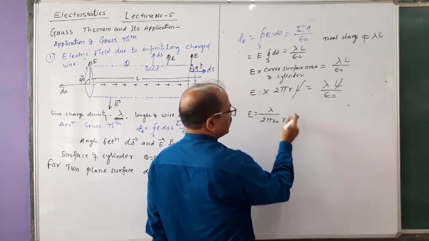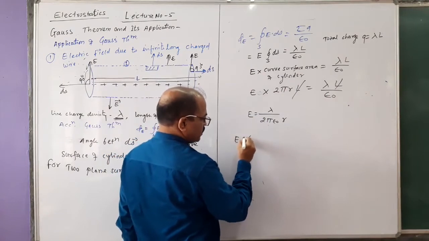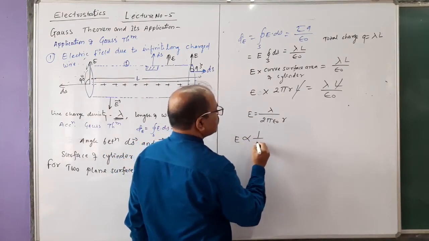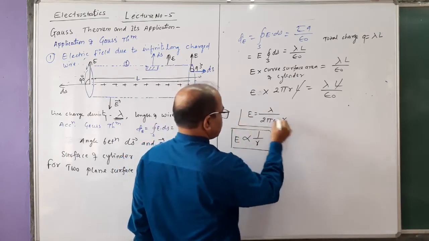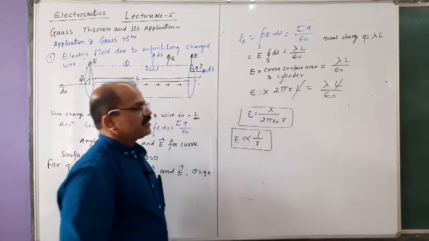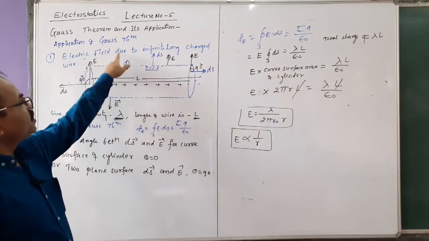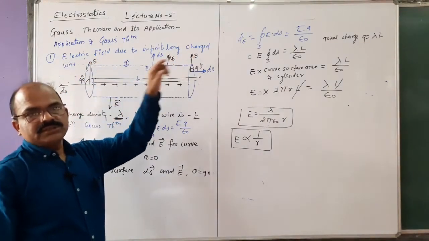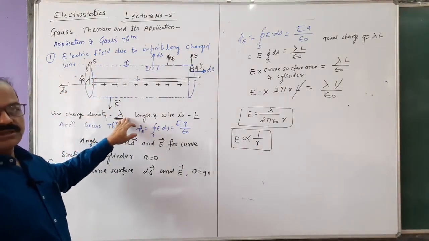Divide into R. So here E is inversely proportional to this R. This is the expression for the electric field due to infinitely long charge of charge density lambda.